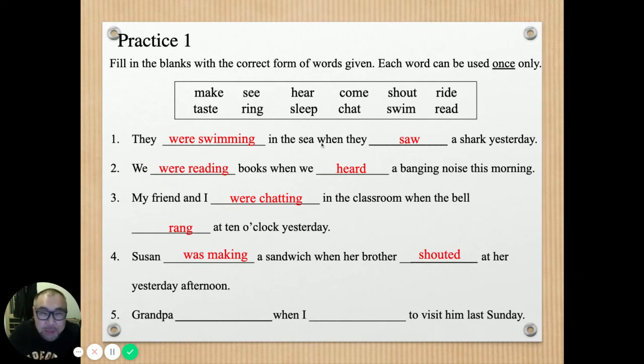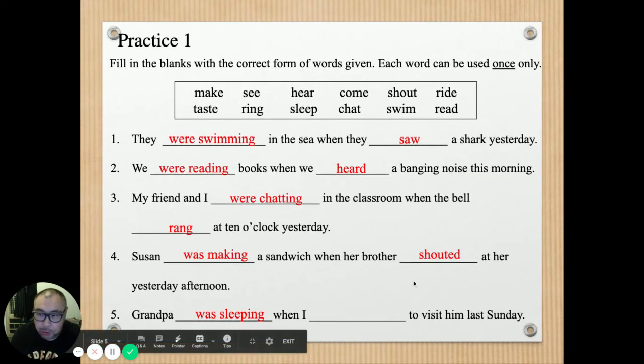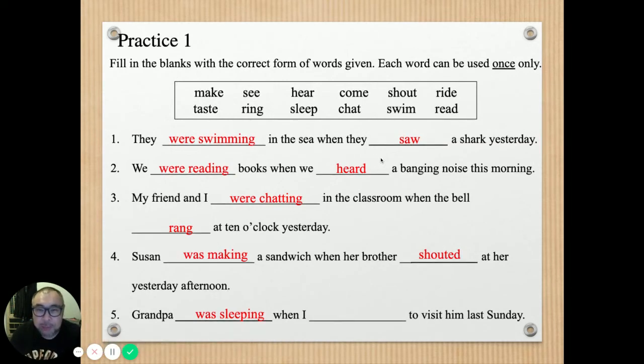Sleep. Grandpa and sleep takes a long time. So we have to use the past continuous for this one. Grandpa was sleeping when I, and then you, what do you do to visit? Come, very good. What's the past tense of come? Came. When I came to visit him last Sunday. Well done.